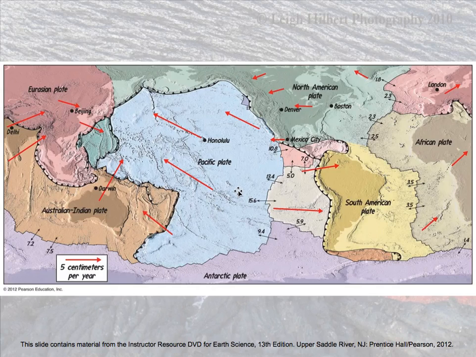Just a closing slide to again remind you that plate motions are, for the most part, similar but not identical. It can range from 2 centimeters per year to upwards of 15 centimeters per year at some really fast subduction zones.